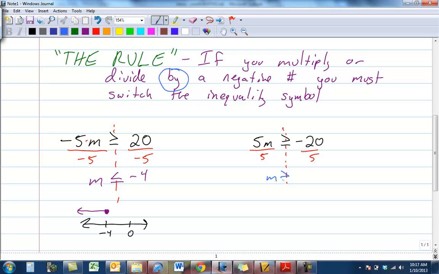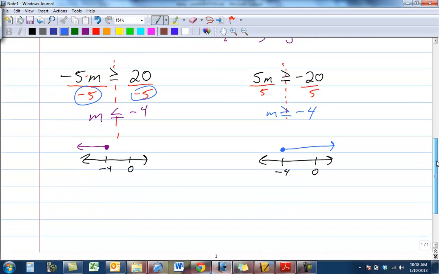So in this case, the inequality symbol does not change. This remains m is greater than or equal to negative 4. Only when the bottom thing is negative. To graph this, we'll graph this really quick. Negative 4 and 0. This is going to be a closed circle going to the right. If you multiply or divide by a negative number, you must switch the inequality symbol.